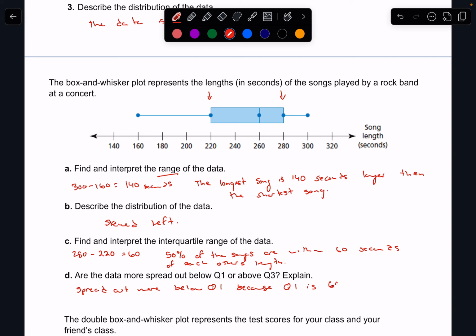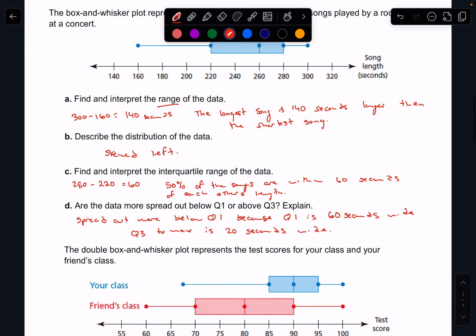So it's 60 seconds long or 60 seconds wide. Quartile 3 to the max is only 20 seconds wide. So the data is a lot more spread out below quartile 1.